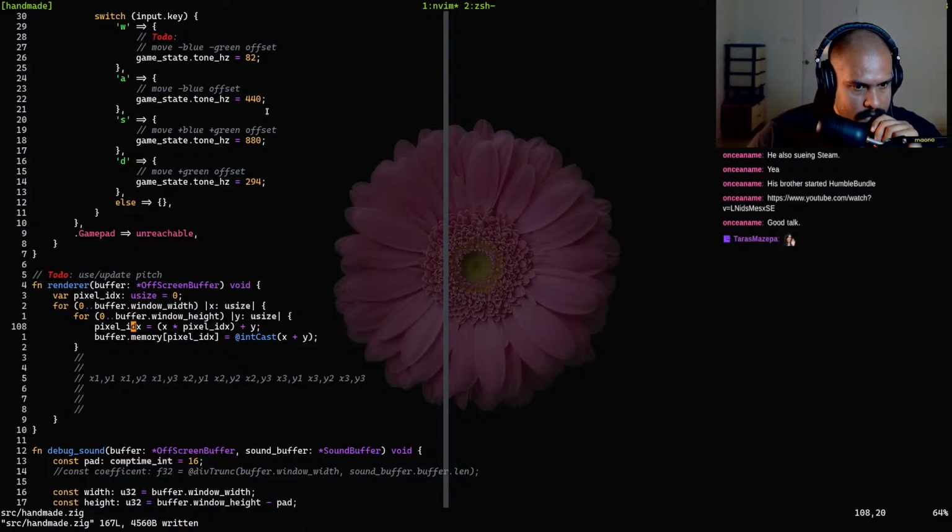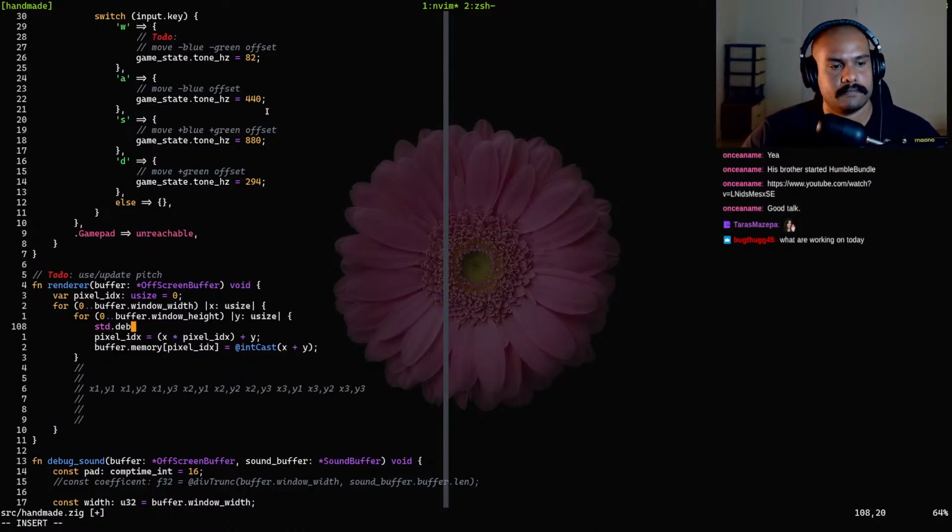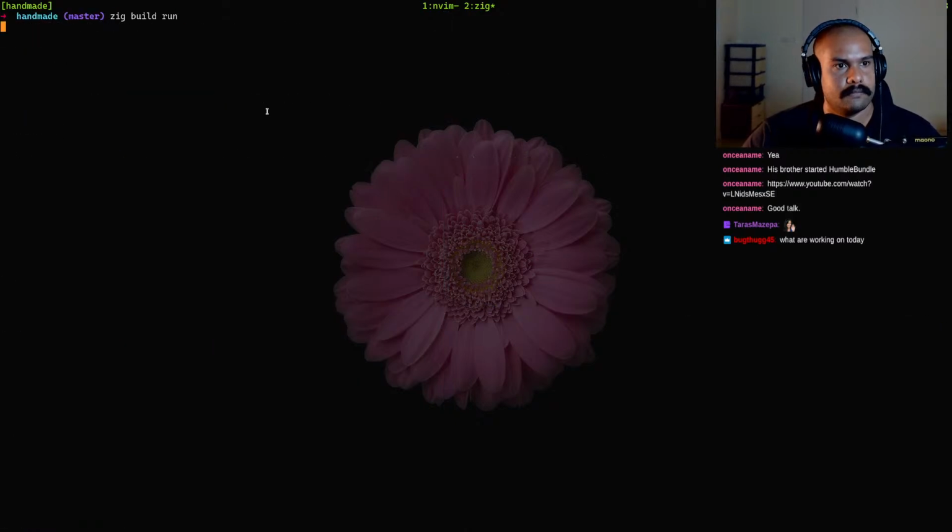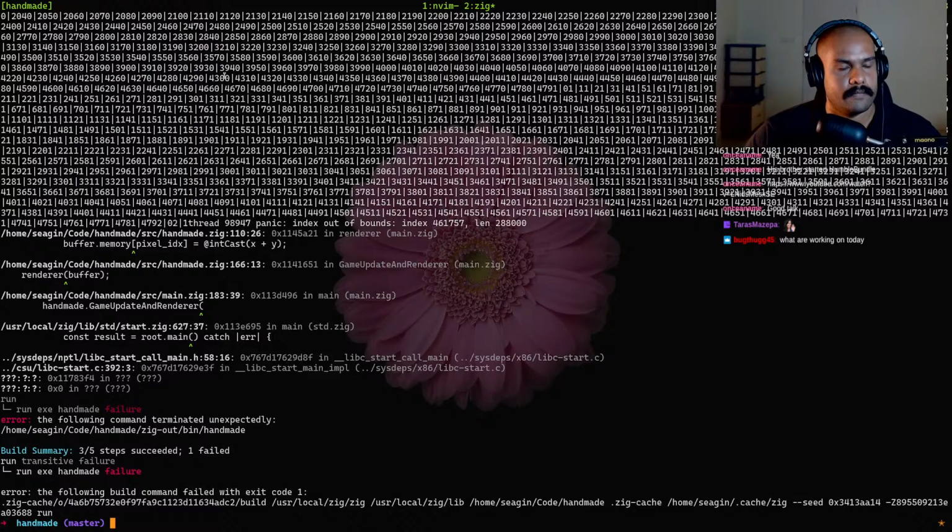Width times height. X times pixel and I need a new line.